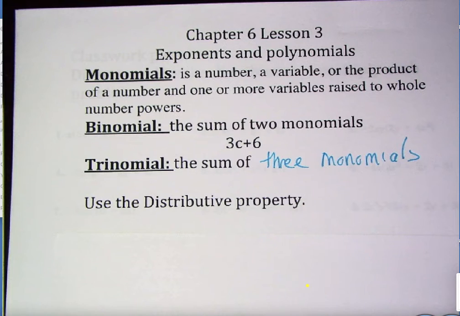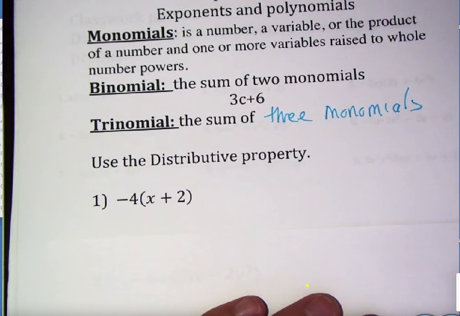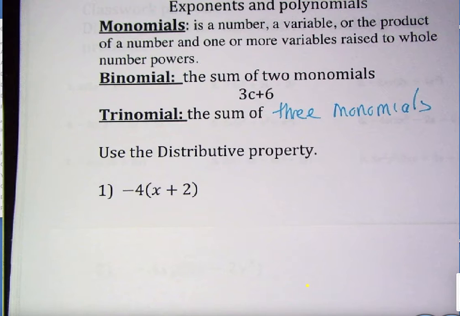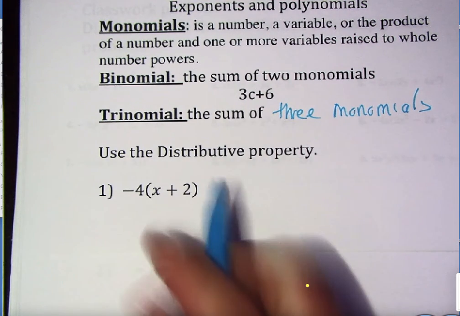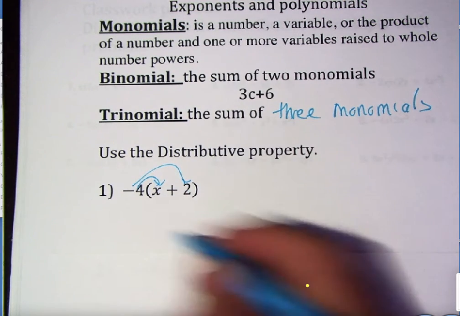We've been using distributive property this year, and I want to connect it to what we've been doing recently. So if we're going to do negative 4 times x plus 2, well, you do negative 4 times x and negative 4 times 2.